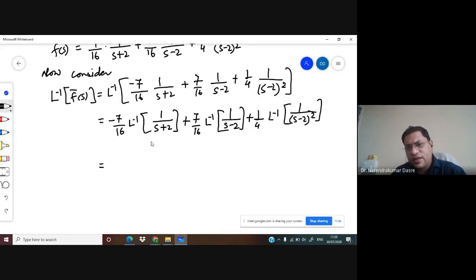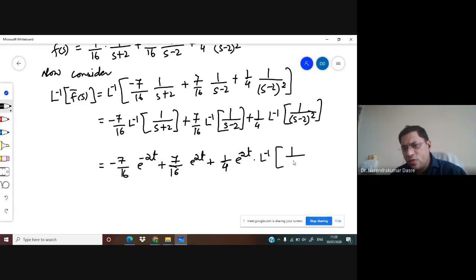Okay, and we know how to find the Laplace inverse of 1 upon s minus a or s plus a. So it is going to be minus 7 by 16 e raised to minus 2t, plus 7 by 16 e raised to 2t, plus, here we have to use the first shifting property, 1 by 4 e raised to 2t into Laplace inverse of 1 upon s square.